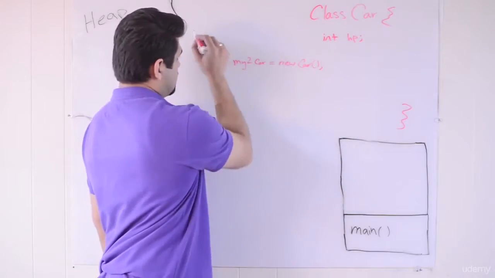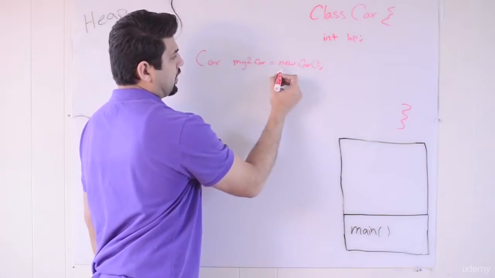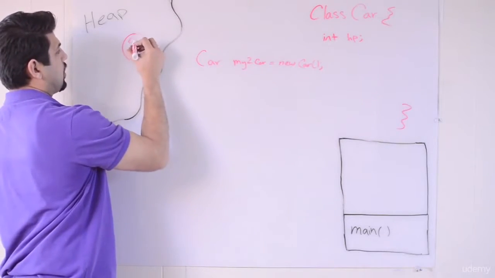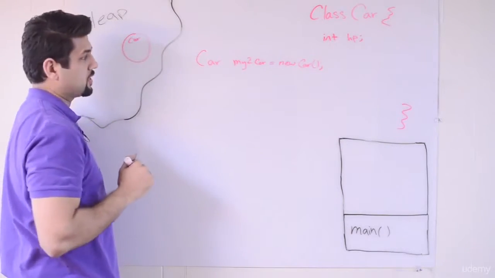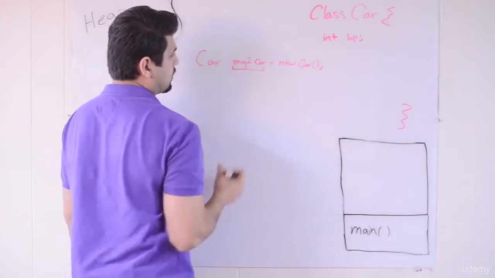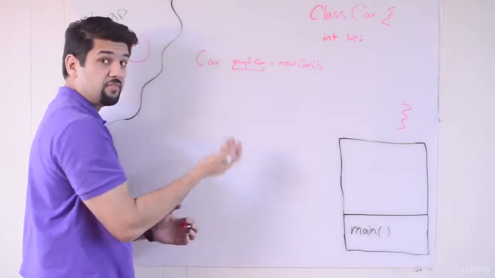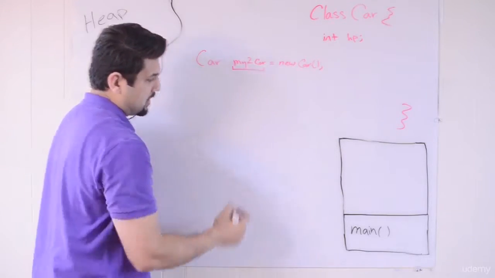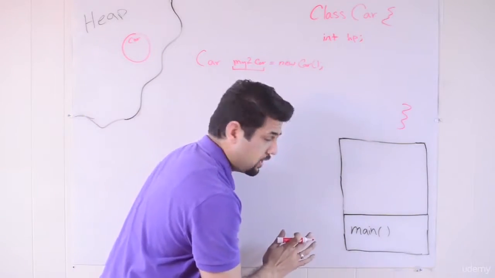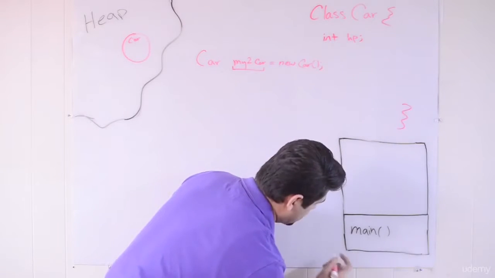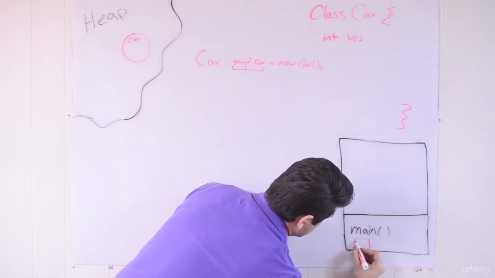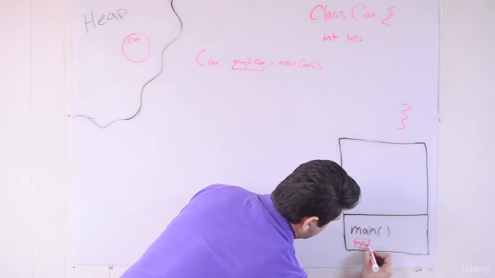When the interpreter sees this line here, an object in the heap is going to be created, and it's going to be of type Car. And this particular variable is going to contain the reference to where that object is on the heap. Of course, this variable is in the main frame of the stack, so we can have a little slot here, and we'll say it's my2car.